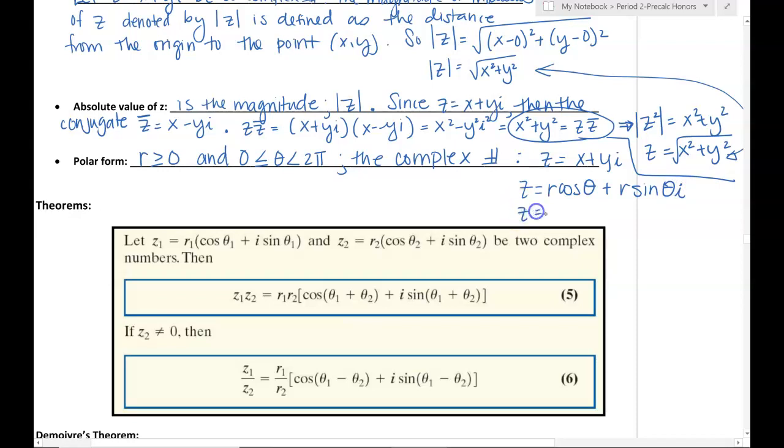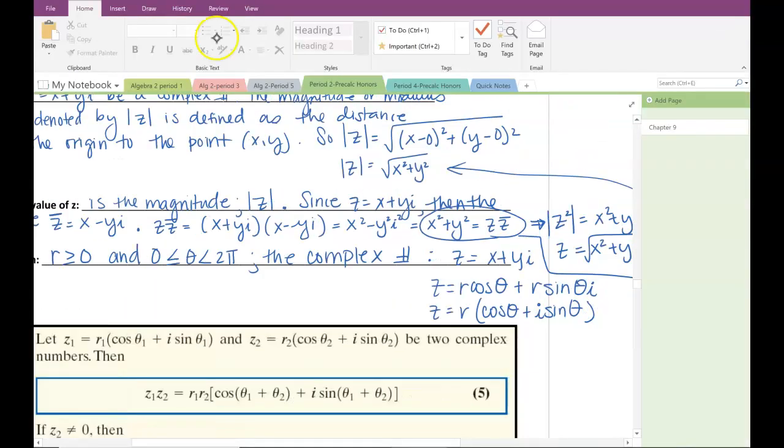But we can make this prettier by factoring out the radius. So z equals radius times cosine of theta plus, and then we stick an i in the front here, i sine of theta.